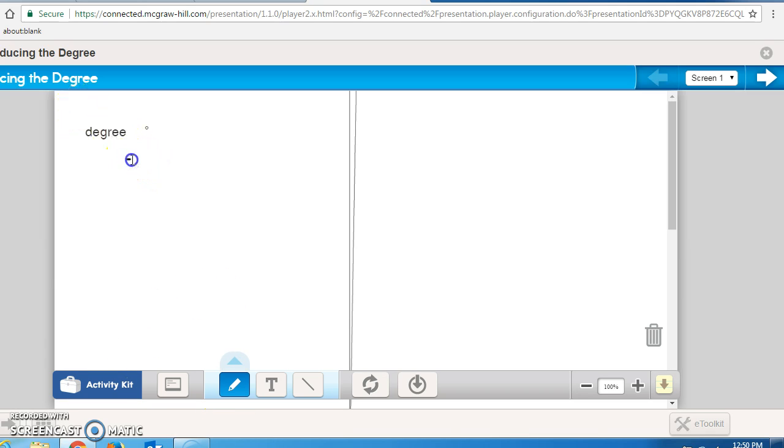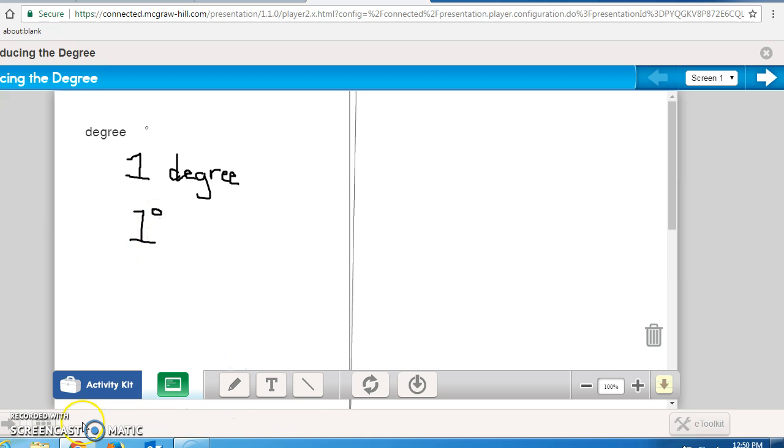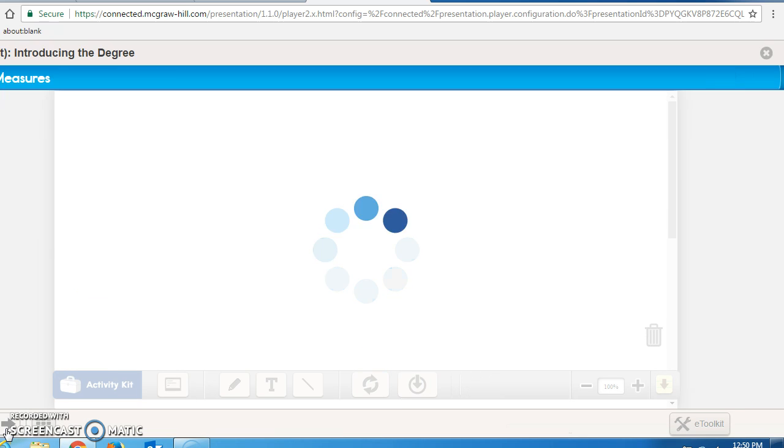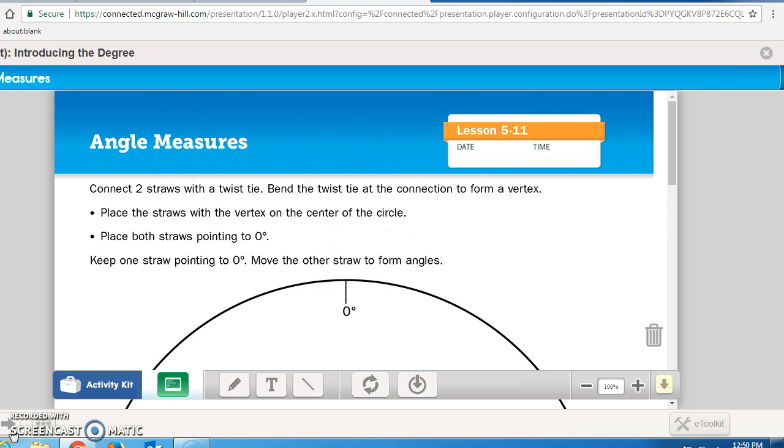You could write the word out as 1 and then write the word degree after it. Or instead of writing out the word degree, you could just use the symbol. They are equal, meaning that if somebody asked you to write 1 degree, if you wrote it in words, that would be correct. And if you wrote it with the symbol, that would be correct.